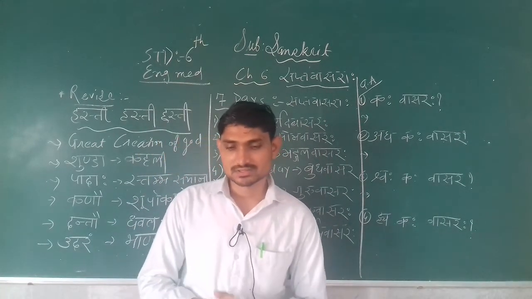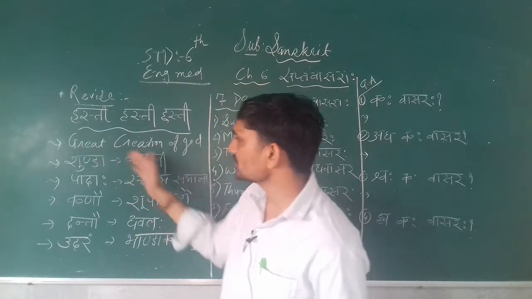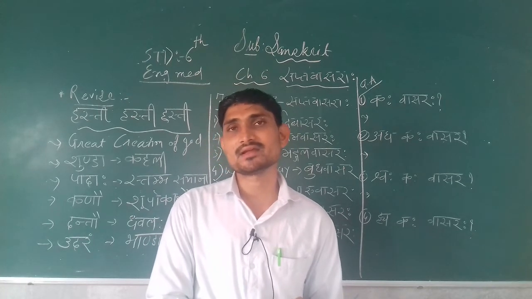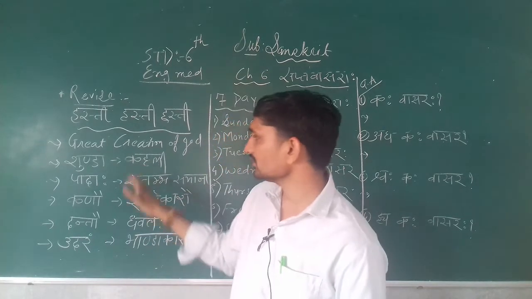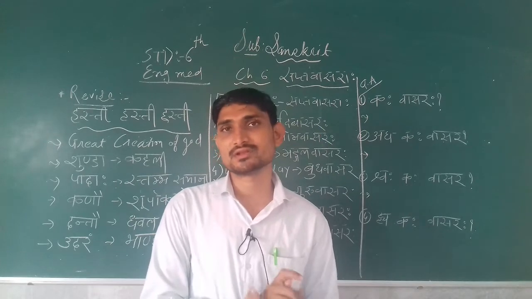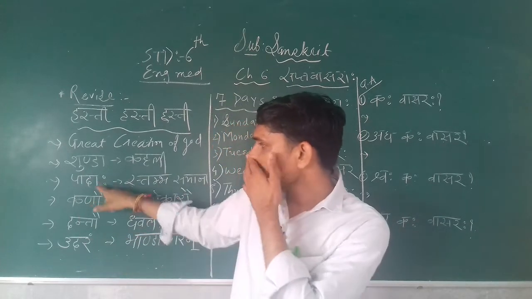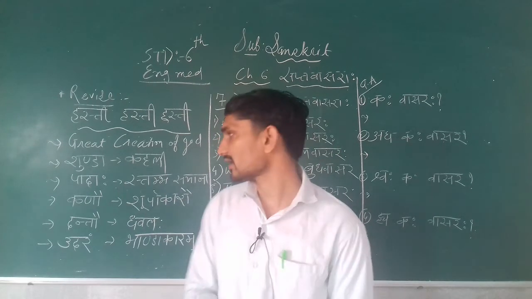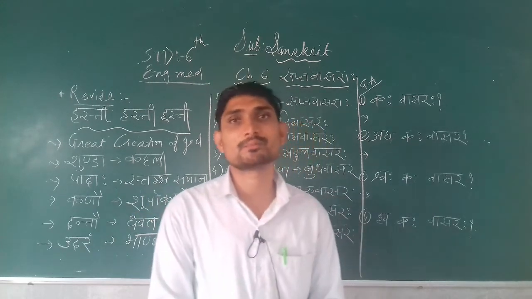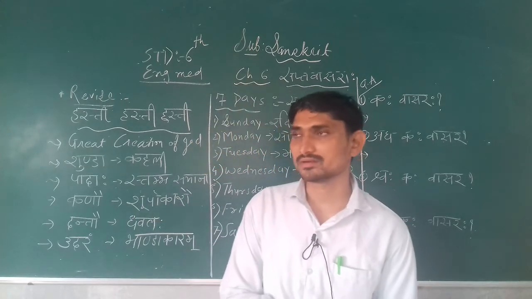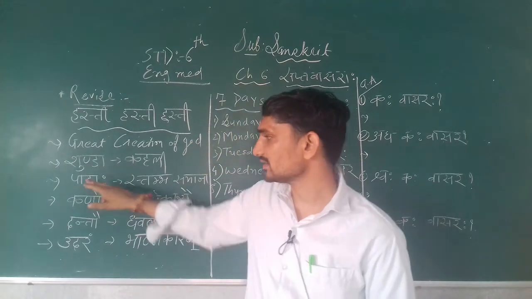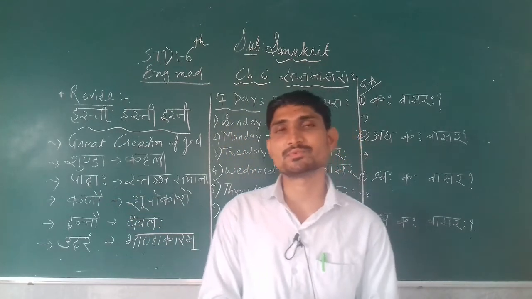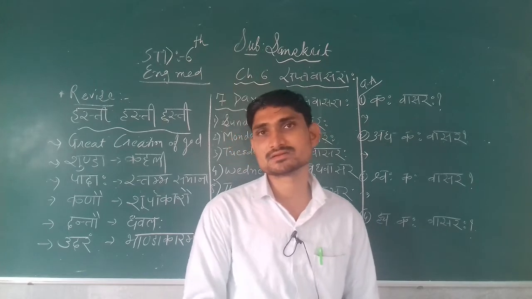Understood, students? Next, we learnt Sunda Kandli: in this poem the elephant has a trunk like a Kadli, a plantain tree, a banana tree. Another we learned: Padaha means legs. The elephant has legs like Stambha Samana, like a pillar, like a pillar of bricks. Next, Karno means ears.